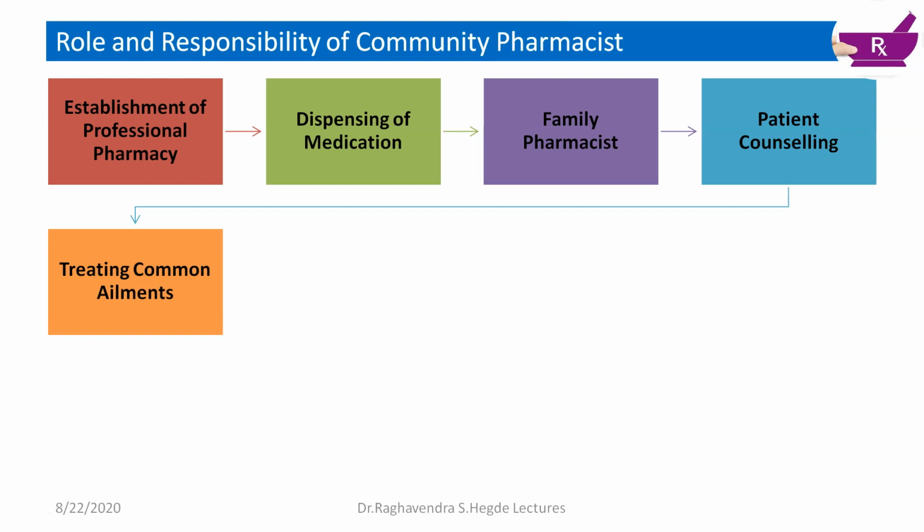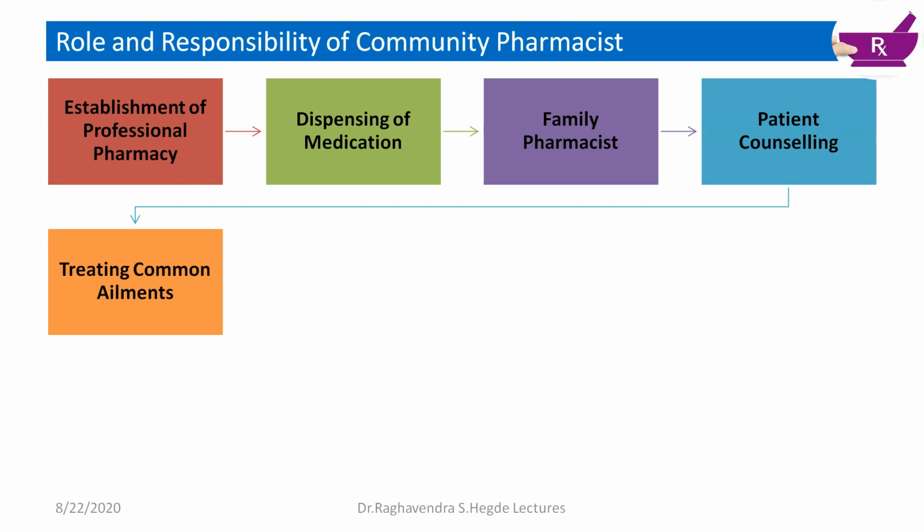No doubt the pharmacist is a person who can treat common ailments. As and when required, the pharmacist is the first point of contact for the patients. He can provide unbiased information regarding treating common ailments, which may be common cold, headaches, or sometimes loose motions, or contraception and family planning, which method has to be used or adopted by the patients.